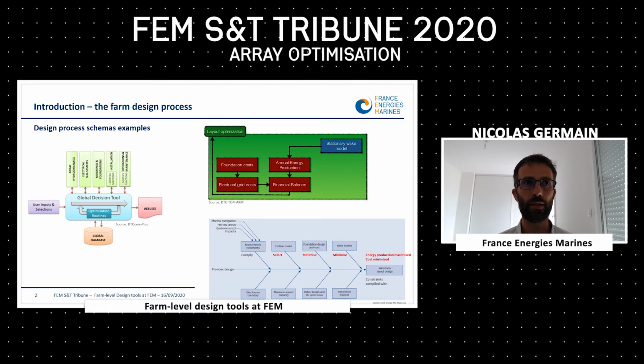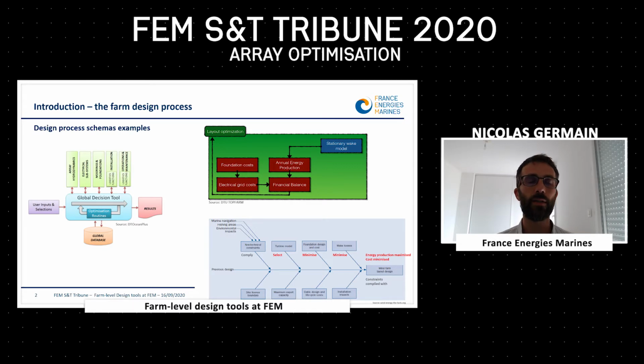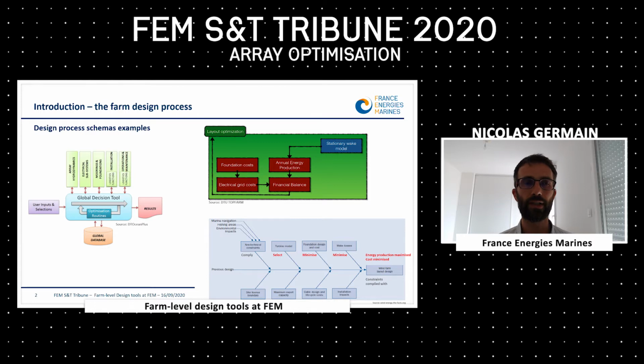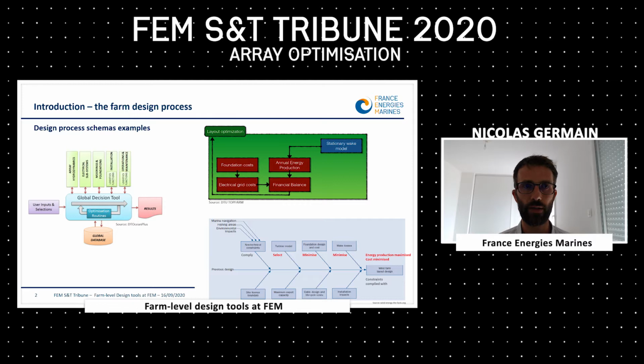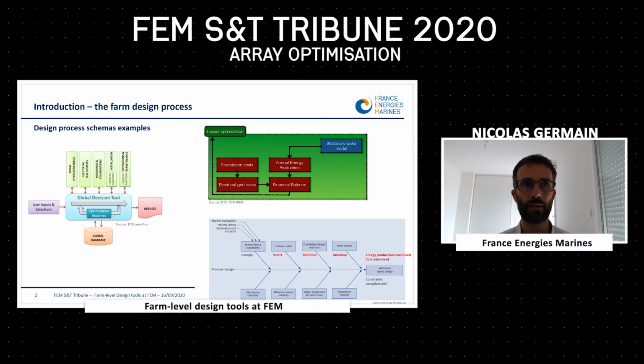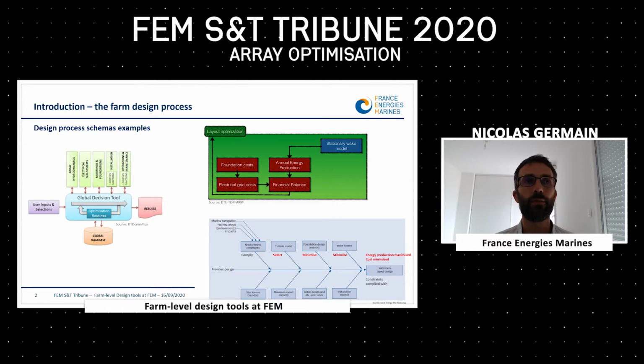Then mooring and foundation systems are designed, and lastly, everything about logistics is designed. Here it's split in two modules: installation, and operation and maintenance. So you can see that this is an iterative process, with an optimization algorithm for each discipline.